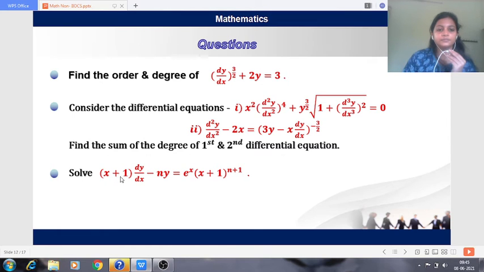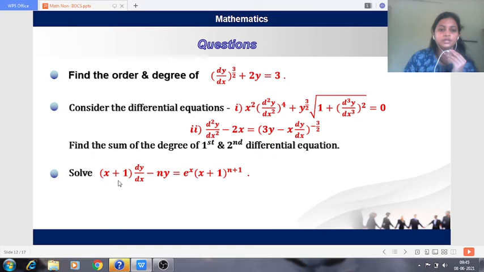Solve (x plus 1) dy/dx minus ny is equal to e to the power x into (x plus 1) to the power n plus 1. Here, to solve this equation, we use an integrating factor.